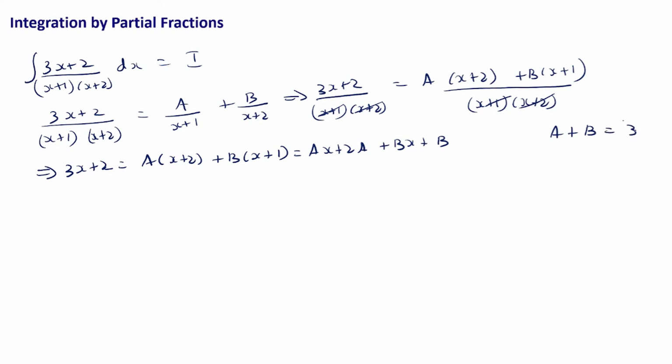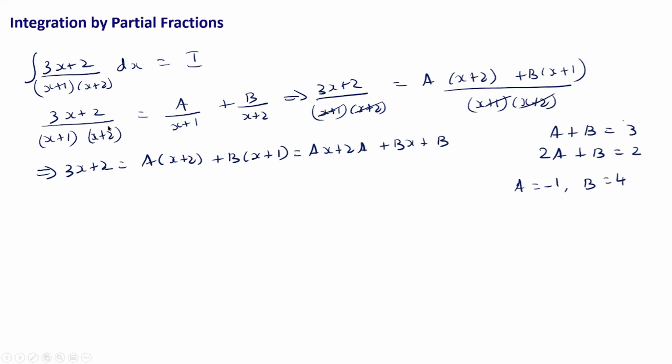Then the constant term on the left hand side is 2 and on the right hand side it is 2a plus b. So 2a plus b is equal to 2. Now we can solve these two equations and find a and b. If we solve these two equations, we get a equal to minus 1 and b equal to 4.